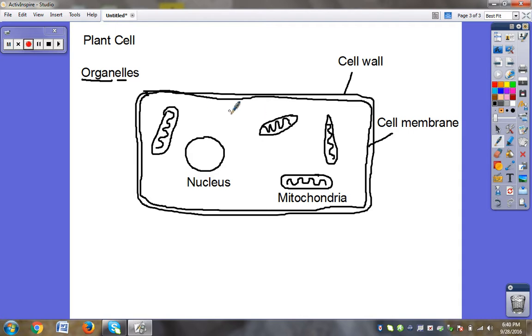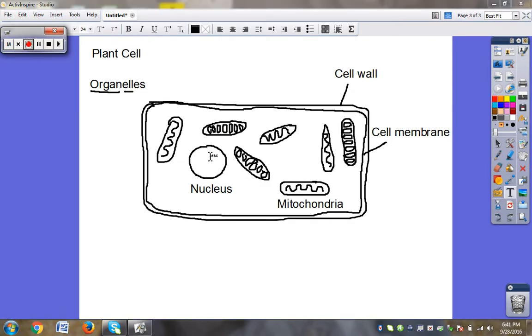So there's another organelle that plants have, so we're going to make it like this. And then instead of the squigglies, we're going to draw little circles like so in this organelle. So I've got 1, 2, 3 of these, and I'm going to label those chloroplasts. So those are called chloroplasts.